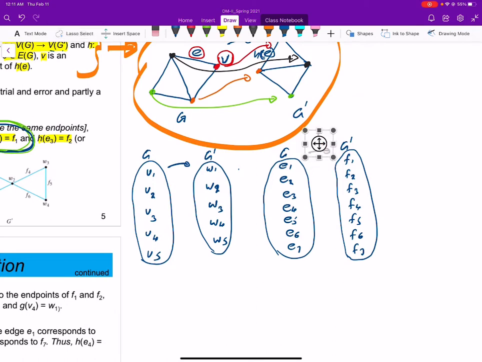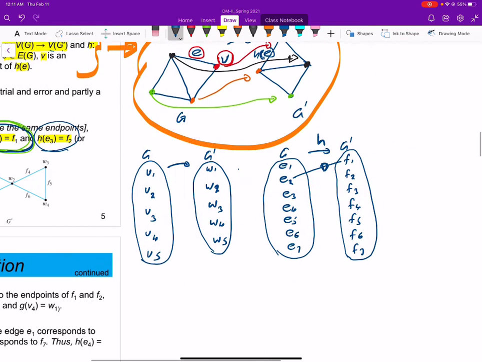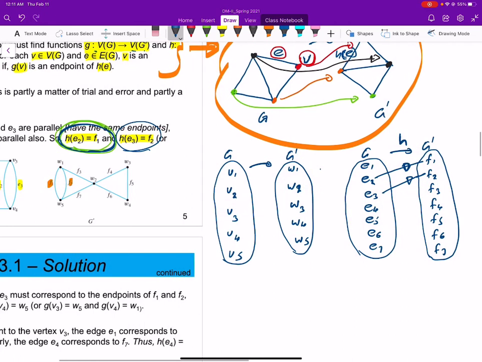Now what I'm doing here is finding the map. E2 maps with F1, and this explains E3 maps with F2, like that. That is the mapping of the first pair of edges.